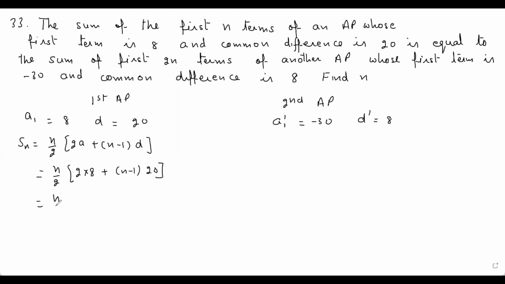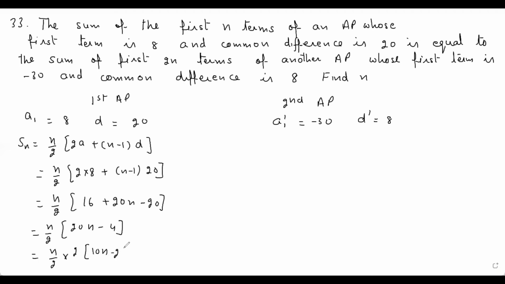That is n by 2 times (16 plus 20n minus 20). That is n by 2 times (20n minus 4). Take 2 common, you will have 10n minus 2 in the bracket. You'll have n times (10n minus 2).